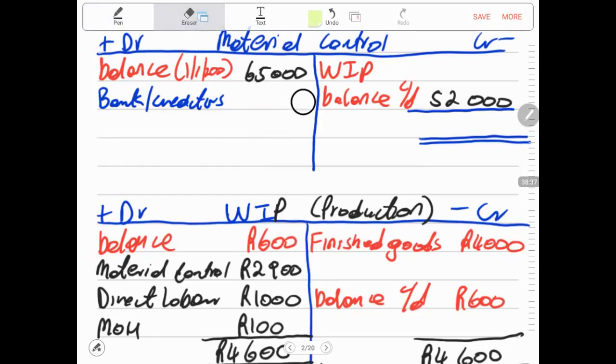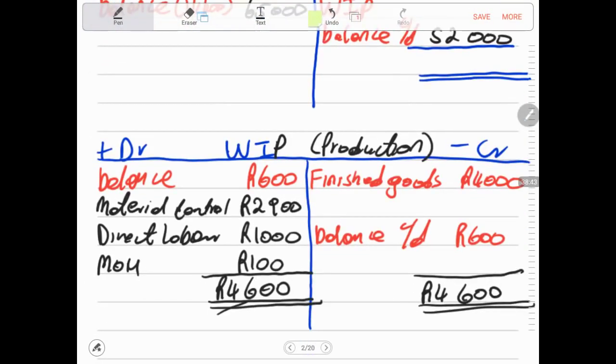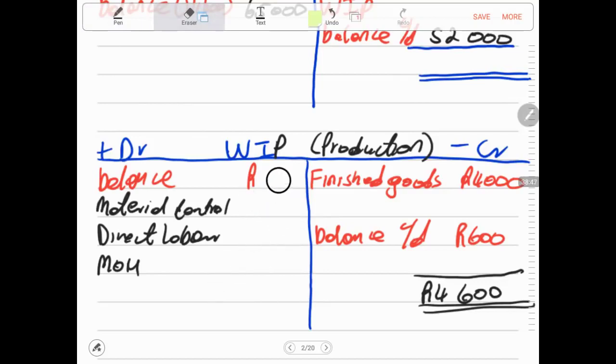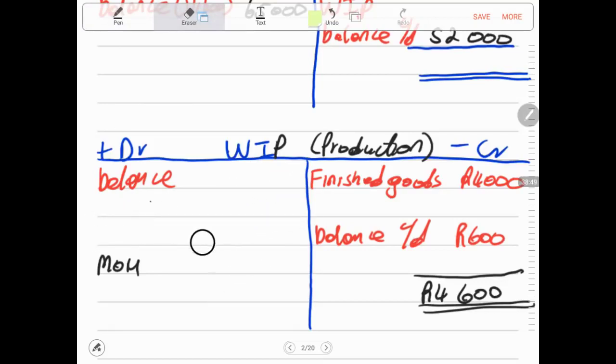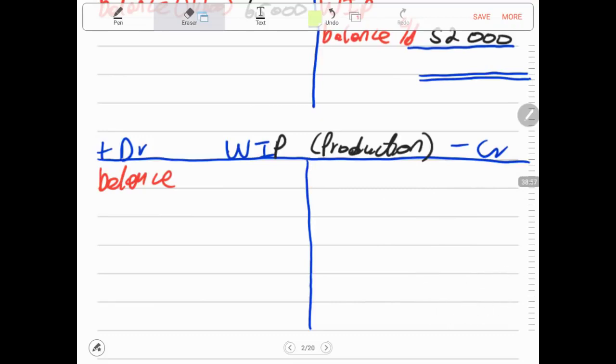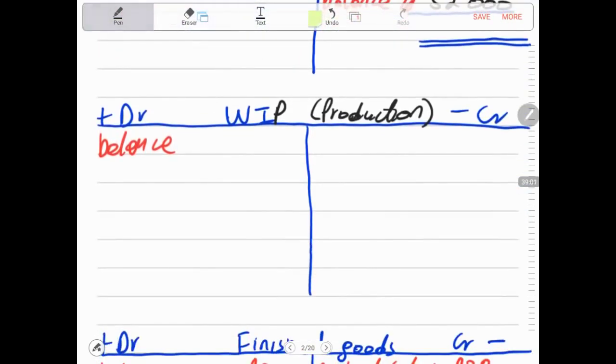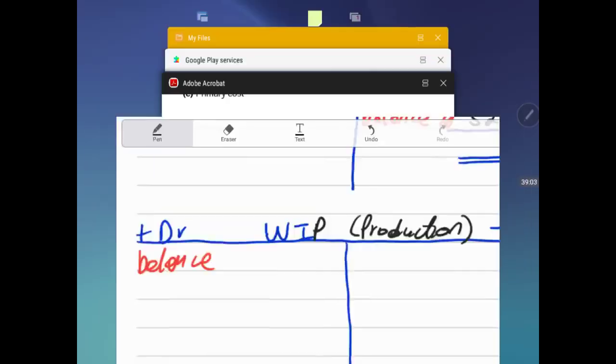Then now we go and check the other aspect of our production cost. We go to the second inventory that we have, which is the inventory of work in process. I check what I have in terms of opening and closing regarding the work in process.